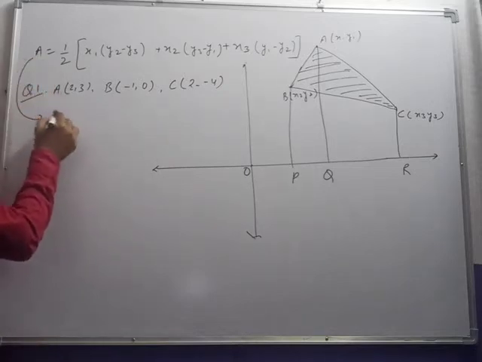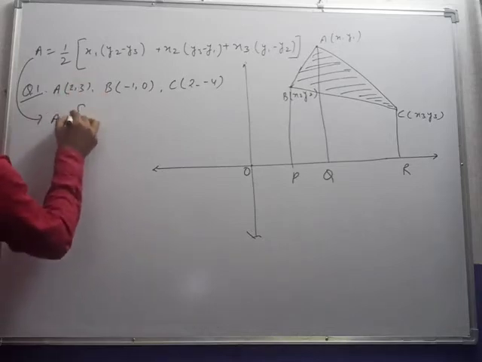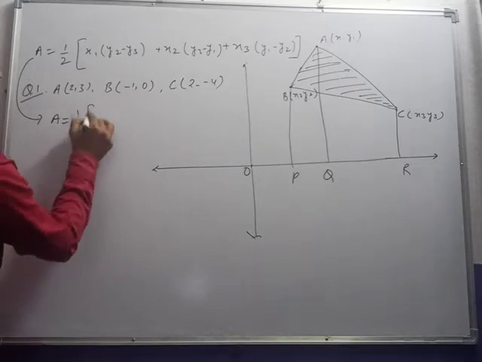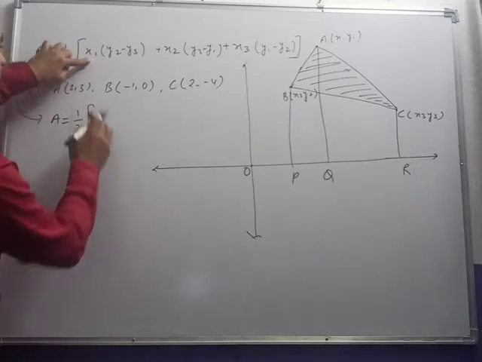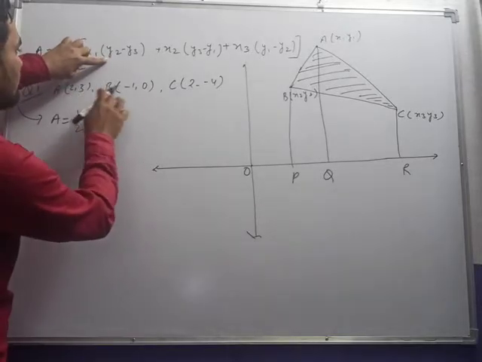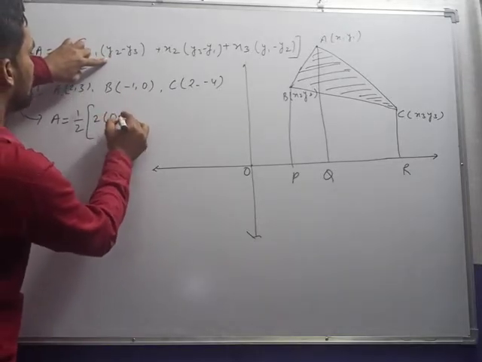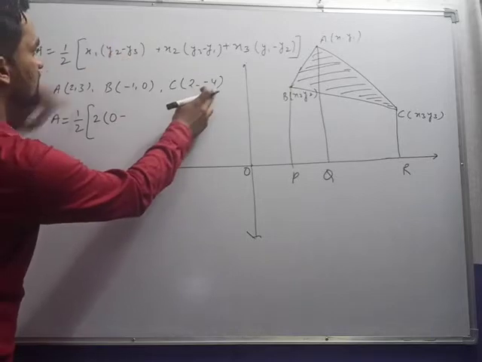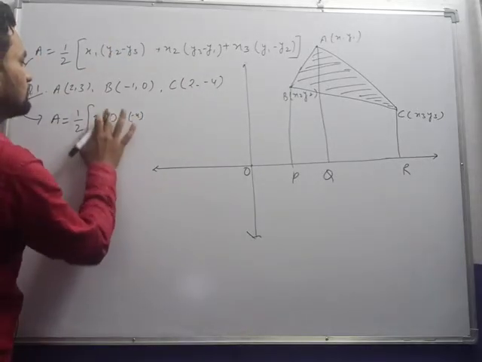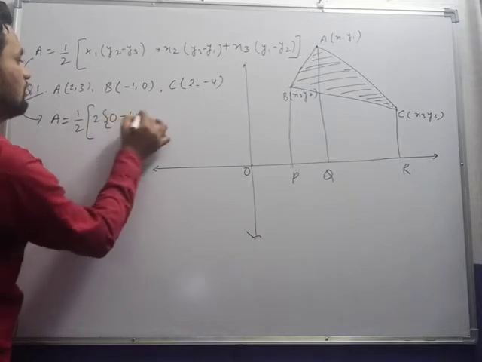The formula you can write here. So I am putting the values: A equals 1 by 2 in bracket. Now x1 is 2, then in bracket y2, which is 0, minus y3, which is -4. So minus of -4, don't be confused.